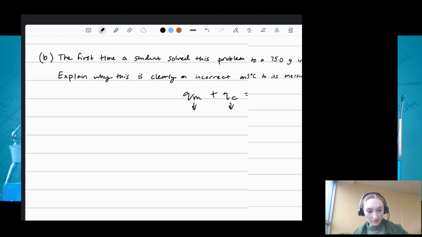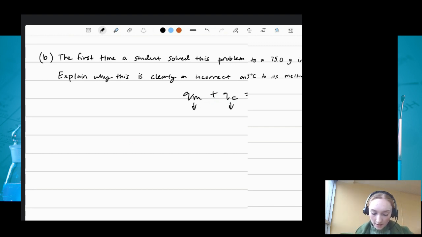One has to be positive, the other one has to be negative. So the only way of switching signs in this problem is the change in temperature, because if your final temperature is lower than what you were initially at, it's going to be negative, and vice versa, it's going to be positive. So that's how we can know if our terms are going to be positive or negative. It's from the change in temperature.